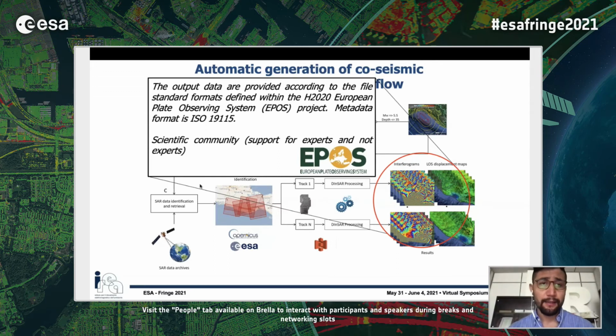The output data are provided according to the standard file formats defined within the H2020 European Plate Observing System EPOS project, specifically metadata in ISO format. We can provide all this information to support the scientific community, experts in geophysics and non-experts, and also civil protection, who are interested in obtaining this information.